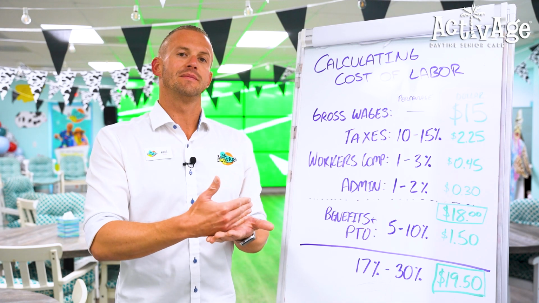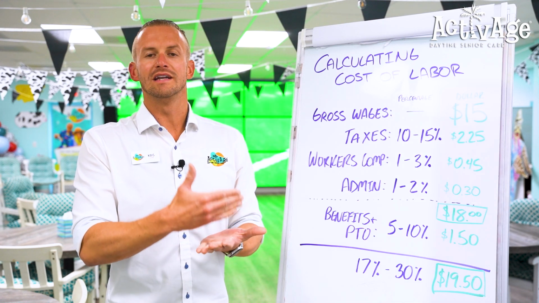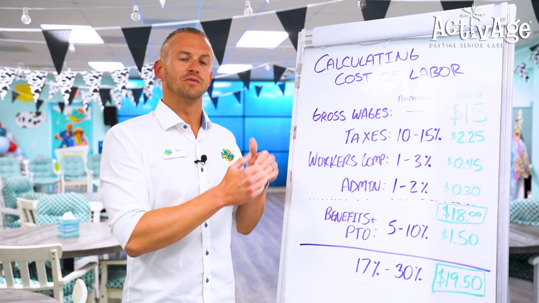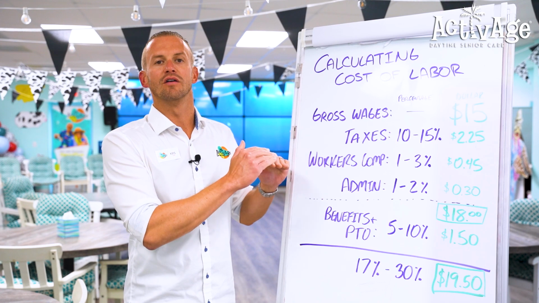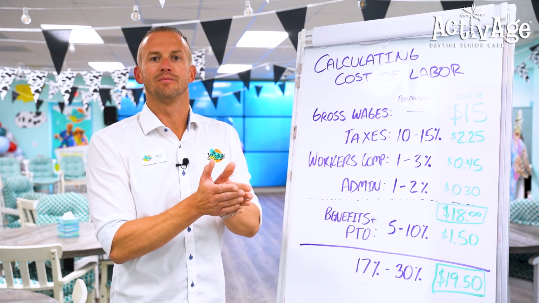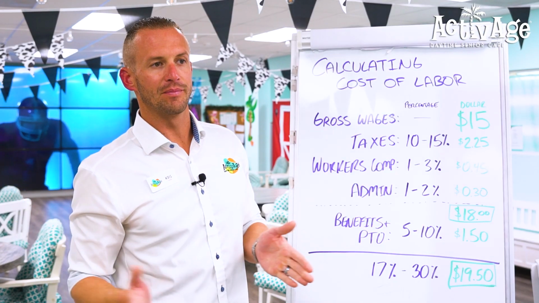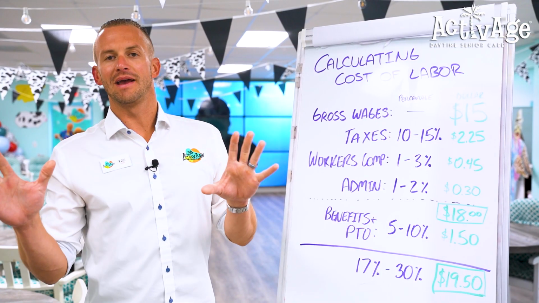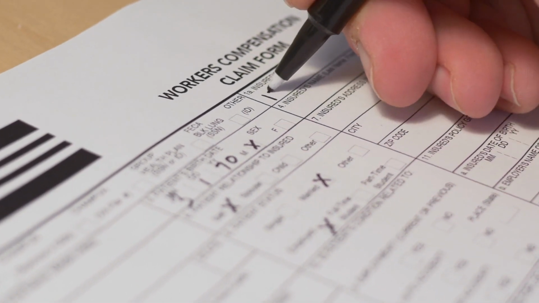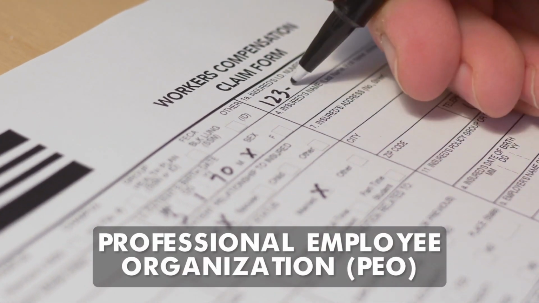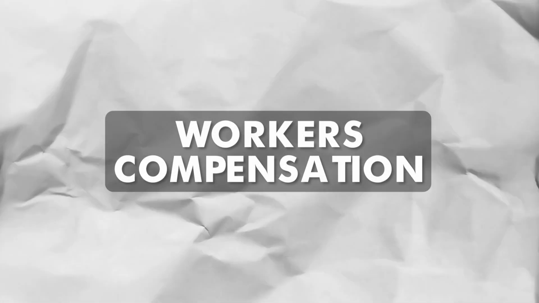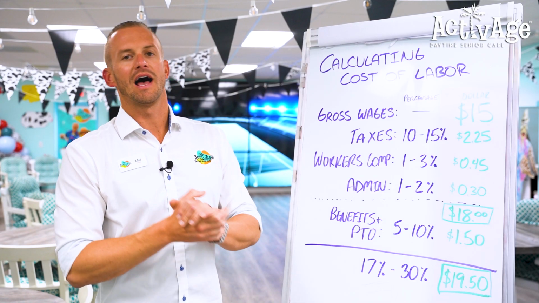Instead of having your own individual policy that you pay directly for every year, you could essentially pay a percentage of your payroll costs towards a workers' comp policy that might be part of a larger employee leasing type company. That would be a PEO. There's another video I made that talks about the difference between a payroll service provider, a PSP, and a PEO, which is a professional employer organization. So that being said, workers' comp is probably gonna run you anywhere between, on the low end, 1%, and on the high end, 3%.